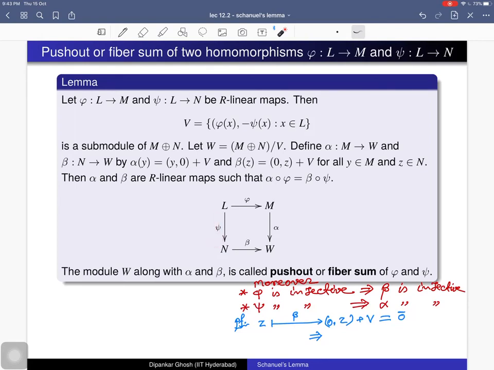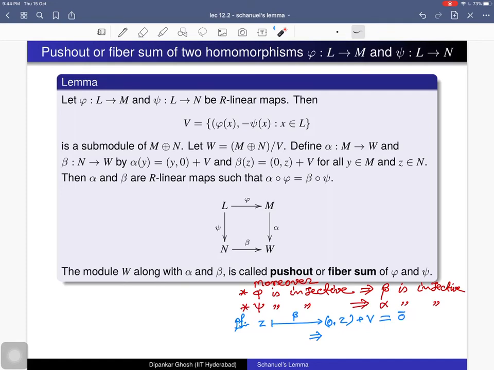And then this lemma says that we can have an R module W along with two module homomorphisms from M to W, that is alpha, and from N to W, that is beta, such that this diagram is commutative. And that R module we call the push out of these two module homomorphisms.